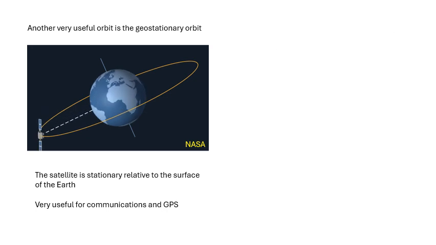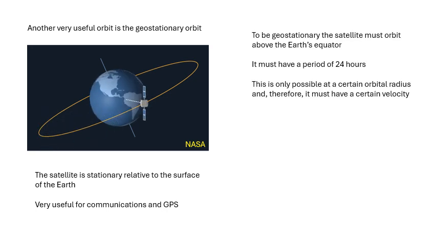The maths of it now: there's another condition for GPS satellites. Two conditions, actually. To be geostationary, it has to be above the equator, and if you look at this animation, that should be obvious why. And it must have a period of 24 hours.